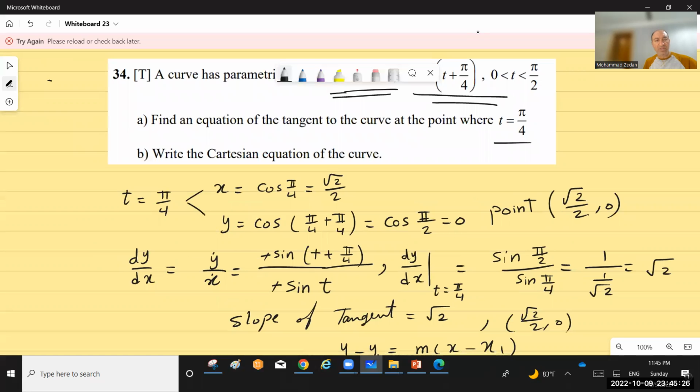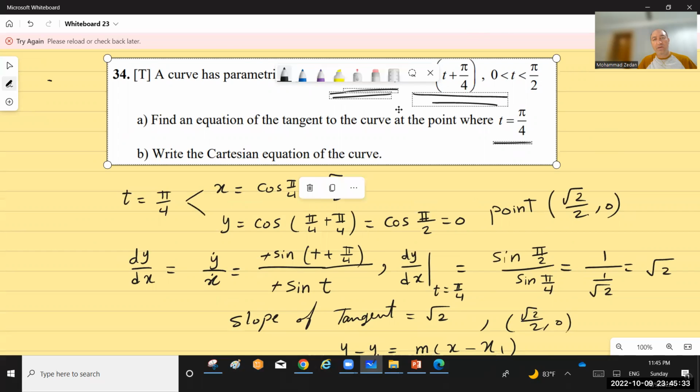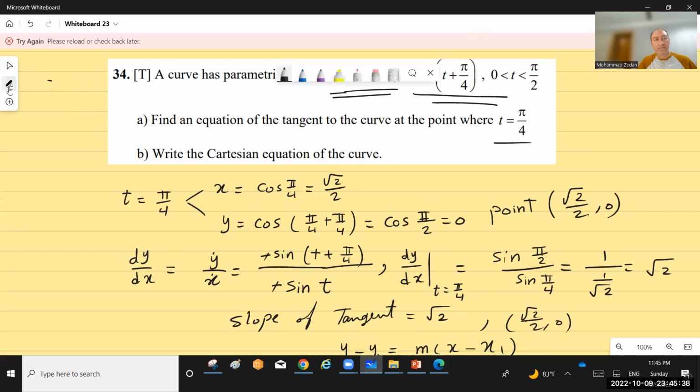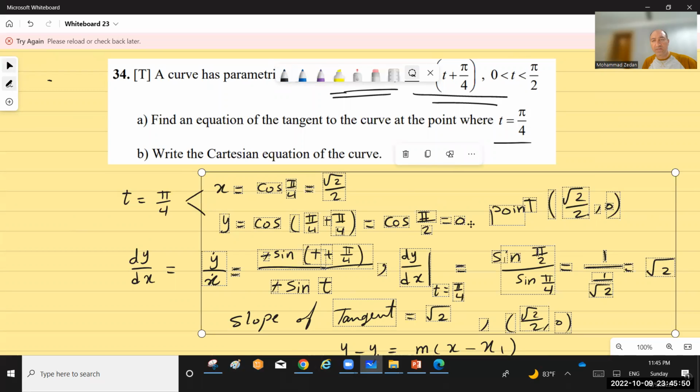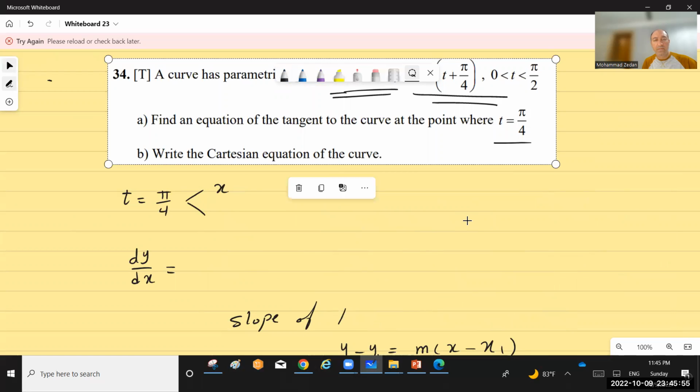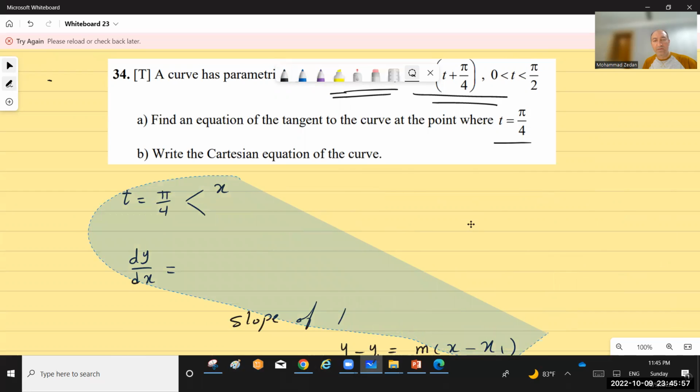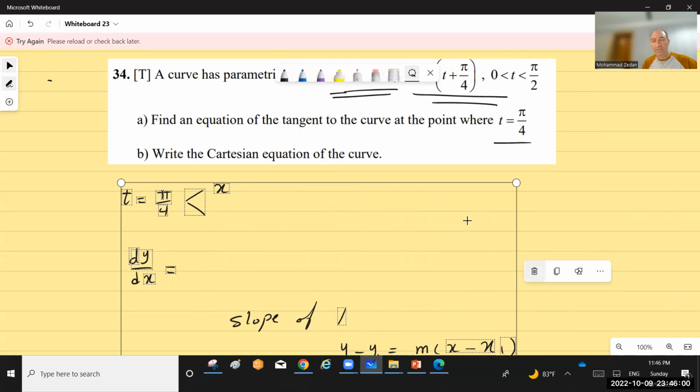The second part of the question: write the Cartesian equation of the curve. To find the Cartesian equation of this curve, I just need to delete this part. By deleting, you erase the parameter.